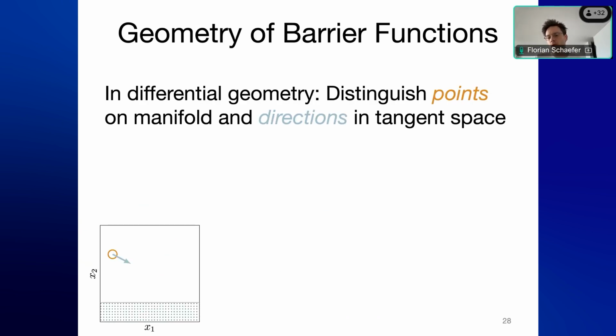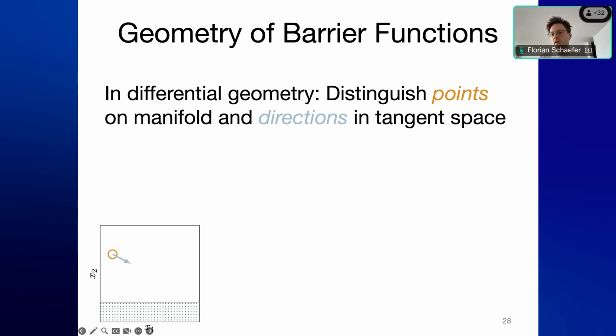And that is where we're going to introduce a little bit of differential geometry. What we are going to remind ourselves of is that the key concept in differential geometry is that we're distinguishing between a point and a direction. In linear algebra, we use vectors to both represent positions and displacements between positions.